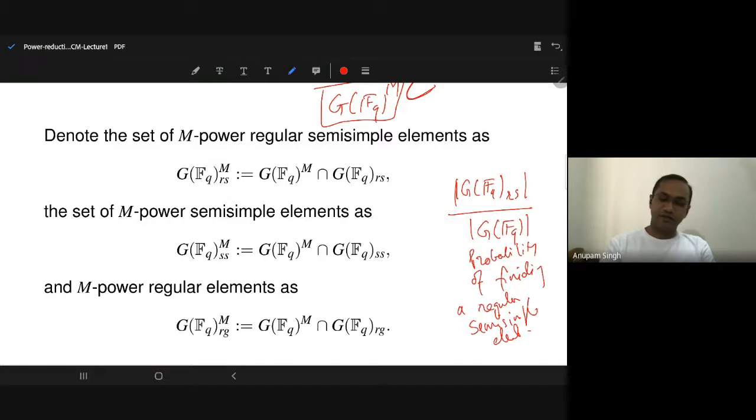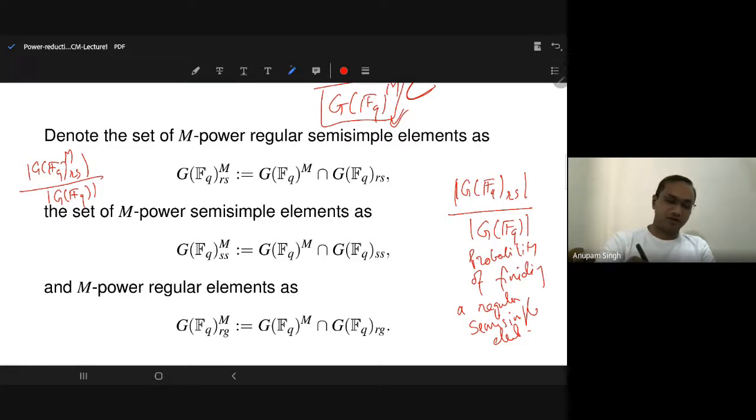So if I look at this quantity, G(F_q) to the power m RS with respect to G(F_q), the ratio of this, then I'm asking what is the probability of finding a regular semi-simple element which is an mth power, or equivalently which has an mth root. Remember, an element which belongs to this set G(F_q) to the power m is one for which I have an mth root.